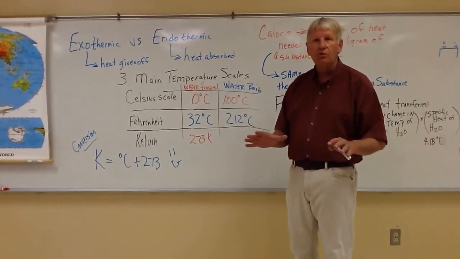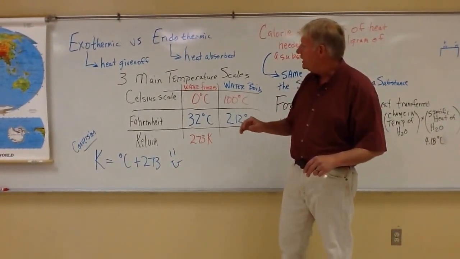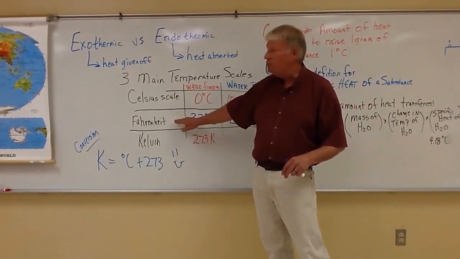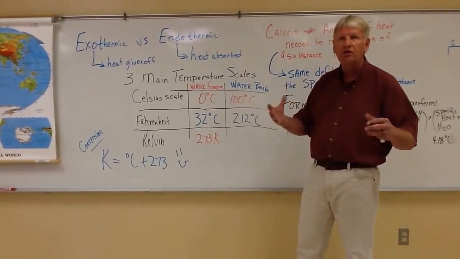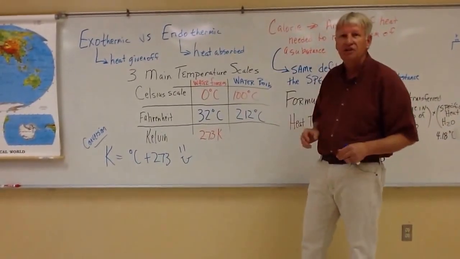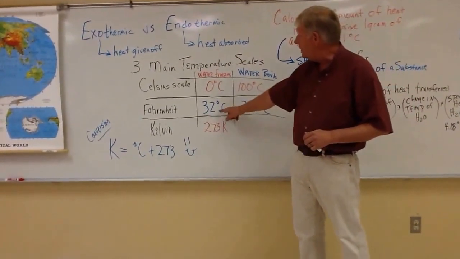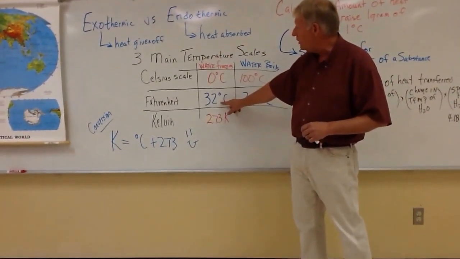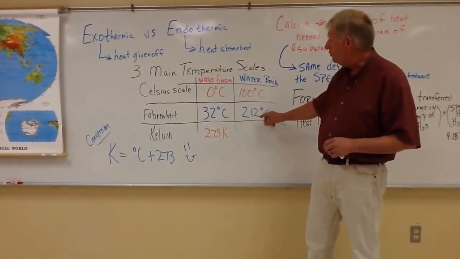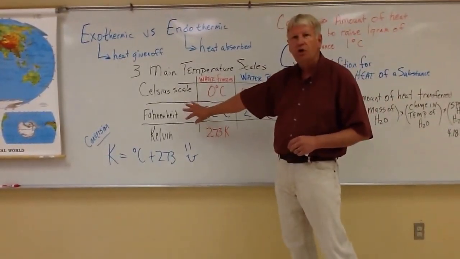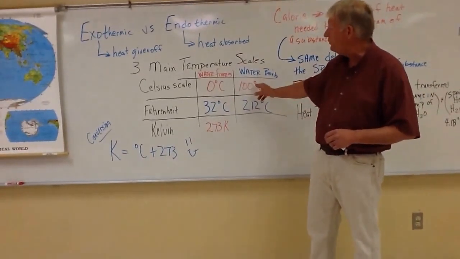Well, now we're getting away from those, because in chemistry we can't use the Fahrenheit scale, but that's our comparison. In our regular scale, you go outside and see the temperature, and 32 degrees is freezing, where water freezes in the Fahrenheit scale, and 212 is where water boils. So once again, we see this, but disregard this for chemistry. You want to stay with the Celsius scale.